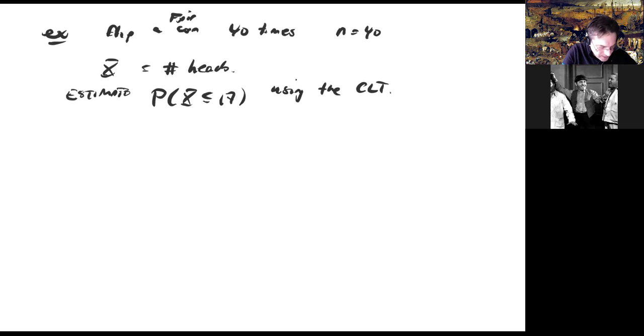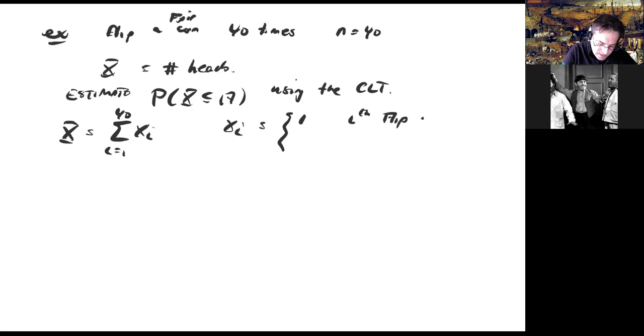Now x here is a sum, i goes from 1 to 40, of x sub i, where x sub i is equal to 1 if the ith flip is heads, and 0 if the ith flip is tails.